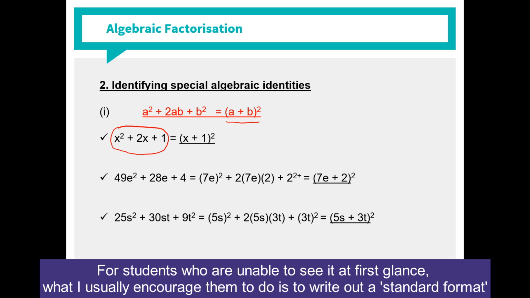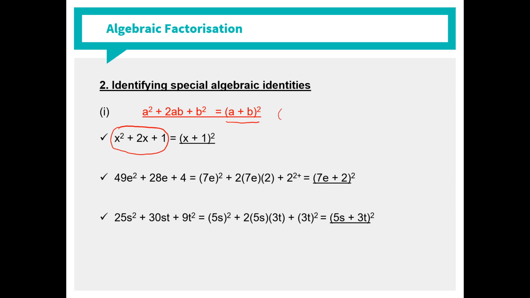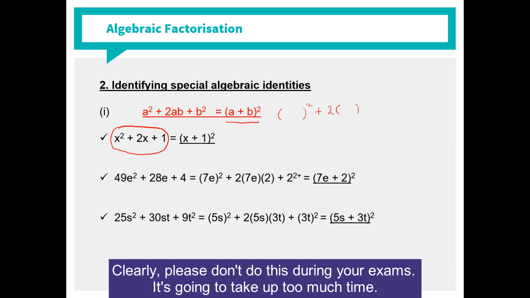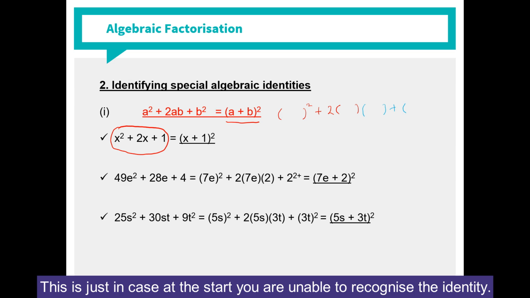For students who are unable to see it at first sight, I encourage them to always write out a so-called standard format. We'll do this plus 2 times this, and you change color. Clearly please don't do this in your exam, it's going to take up too much time, but this is just in case at the start you are unable to recognize it.